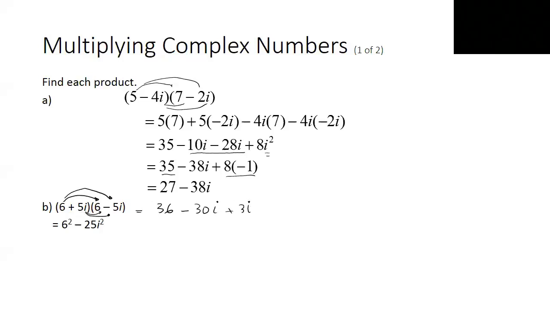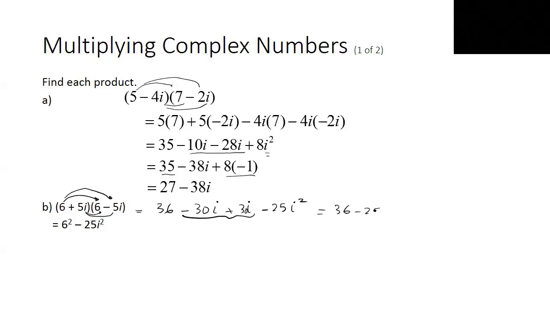And the next one we get 5i times minus 5i, that gives you minus 25i squared. If I multiply term by term, that's what happens, right? But you notice that this is minus 30i and this is plus 30i. So these two would add up to 0, right?